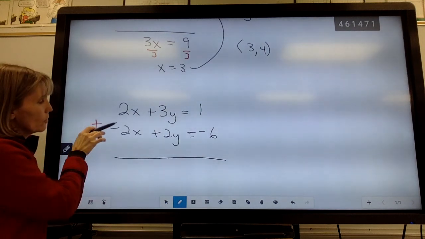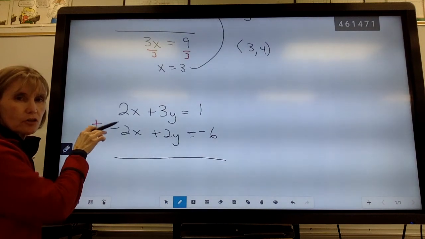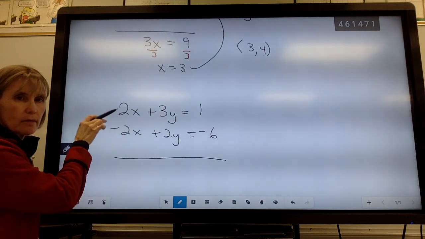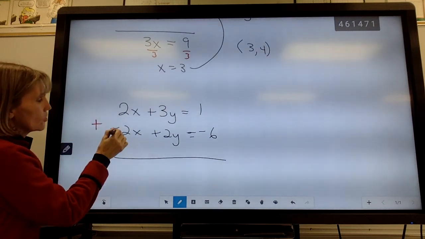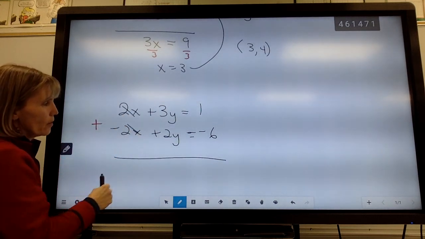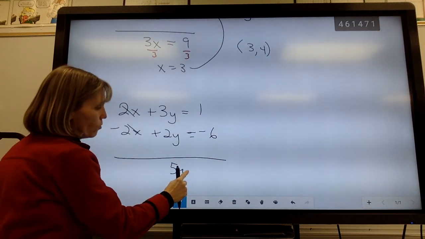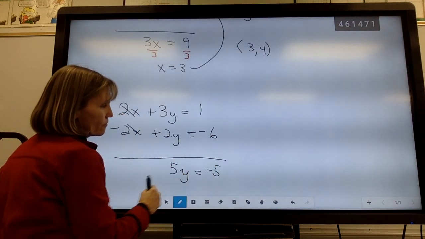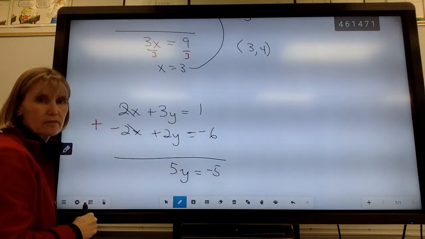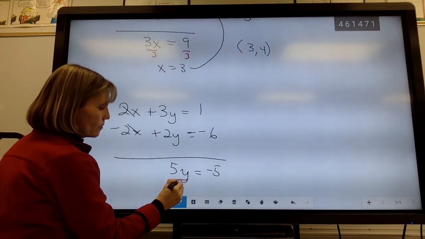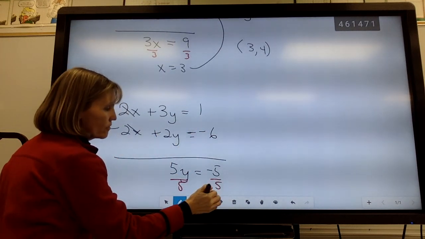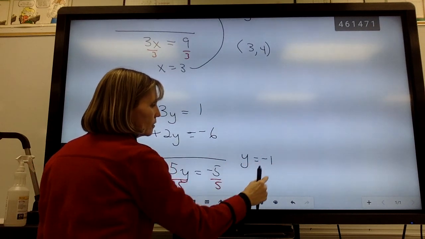And again, you notice that we have coefficients here that are opposites of each other. One's positive, one's negative. They have the same coefficient. So when I add those together, the x's this time are going to drop out, and I'm going to have 5y equals negative 5. Positive 1 plus a negative 6 is a negative 5. I'm going to divide both sides by 5, and I'm going to get y equals negative 1.